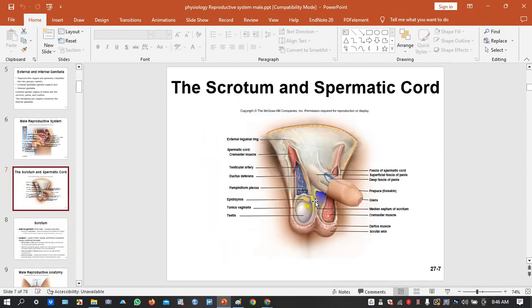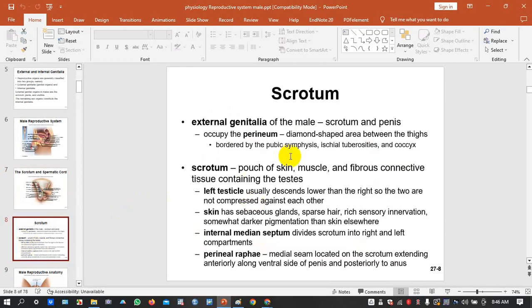We saw this image in the anatomy class, so I'm not going to touch on it. So external genitalia of the male, the scrotum and the penis, occupy the perineum.